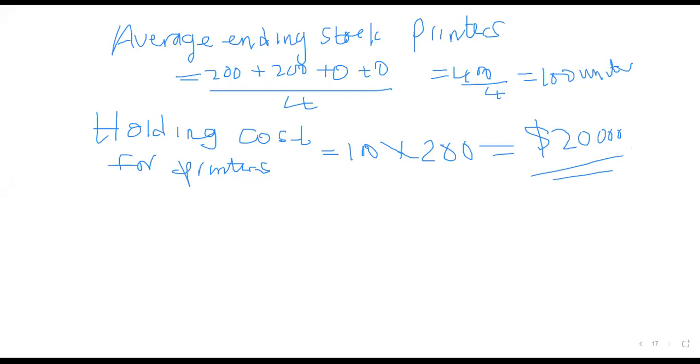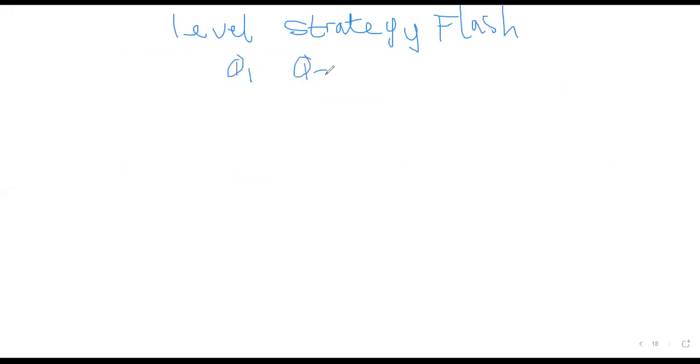Then we go for the level strategy for the flash. For the flash, we have Q1, Q2, Q3, Q4.